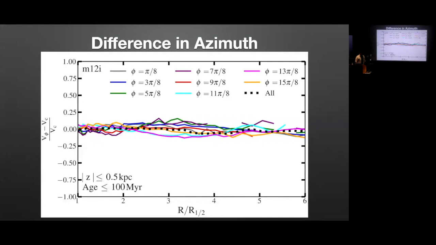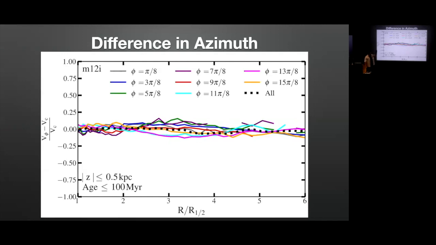The next thing I looked at was how this looks if you look in different directions in the galaxy. So if you have the disk galaxy, I like to call these pizza slices. If I look in all of the different directions, here I just do 8 azimuthal bins, and this works actually decently well. Again, this black dotted line is just the full annular bin rather than looking in different directions, just to see what that looks like.